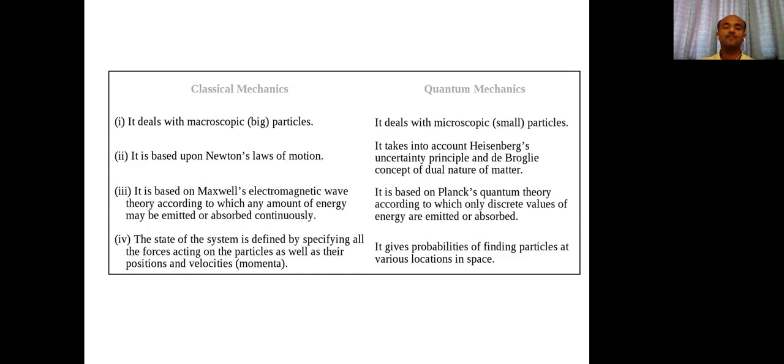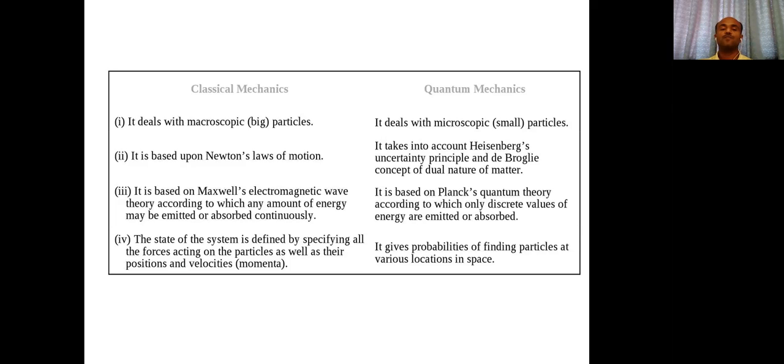Now we discuss the differences between classical mechanics and quantum mechanics. It will make it easy to understand these two branches. Classical mechanics deals with the motion of macroscopic particles, that is big or large particles, while quantum mechanics deals with the study of motions of microscopic particles, or we call them minute or small particles.